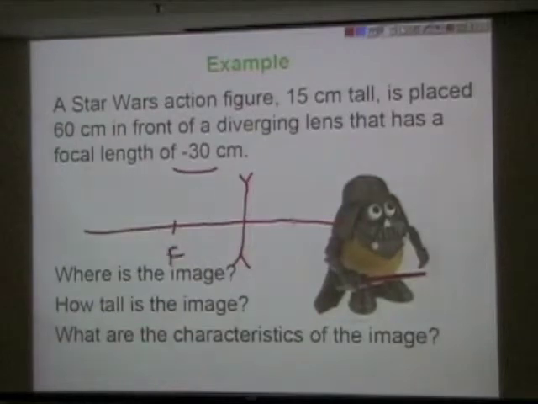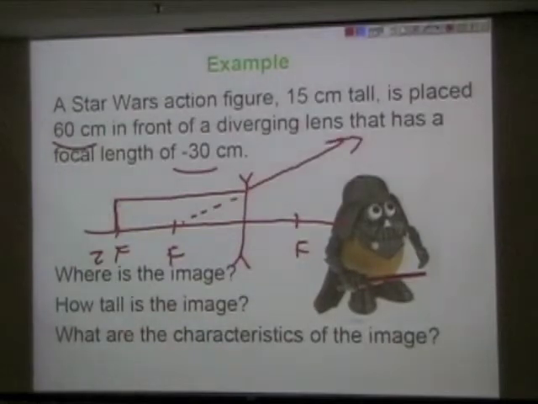That's the focal point. Another one. And the figure is placed at 60. So 60 is 30 times 2. So the figure is placed at double focal point. But we know it doesn't really matter for a divergent lens. One ray travels like that. Second travels like this. That's the image. Virtual, upright, smaller.